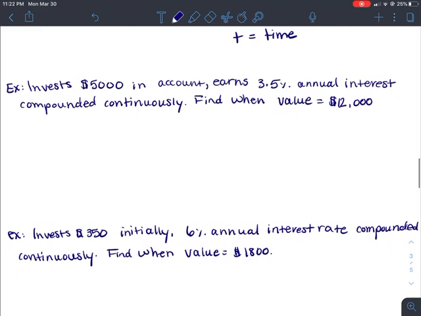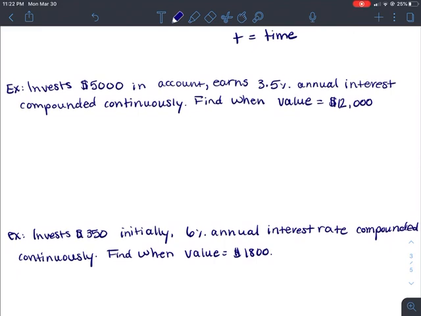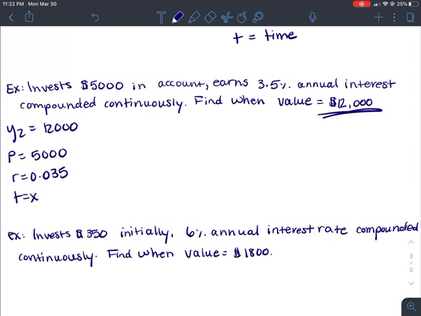We're going to use this equation to solve for these examples. We have a person who invests $5,000 in an account which earns 3.5% annual interest, compounded continuously. Find when the value equals $12,000. Here's my y2 value, 12,000. My p is 5,000. My r equals 0.035. My t equals x.